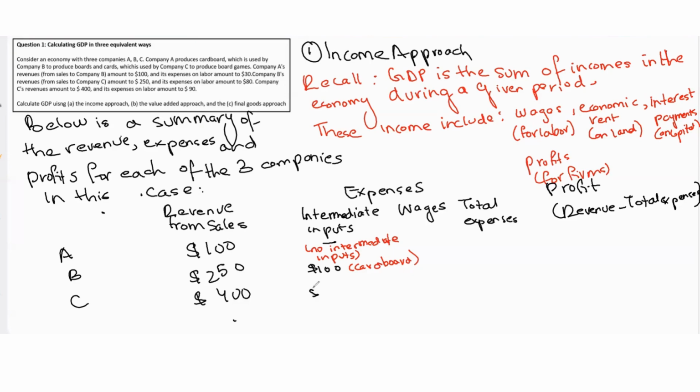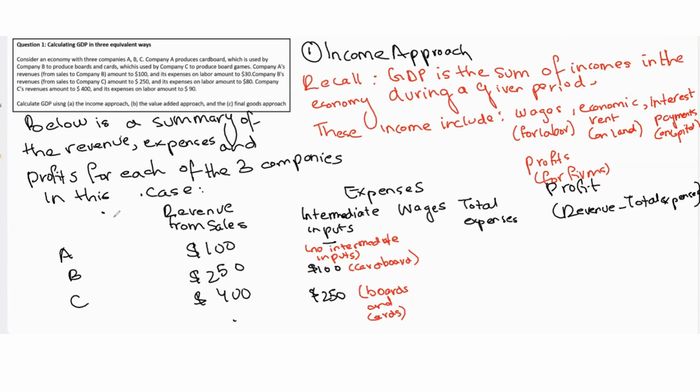So its intermediate inputs are $250 worth of boards and cards from company B.